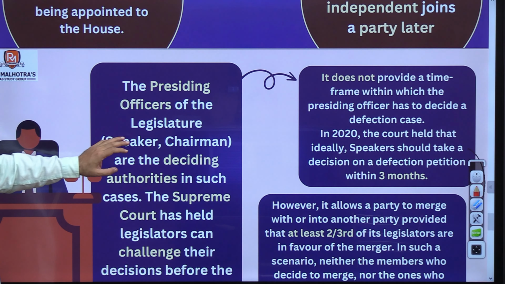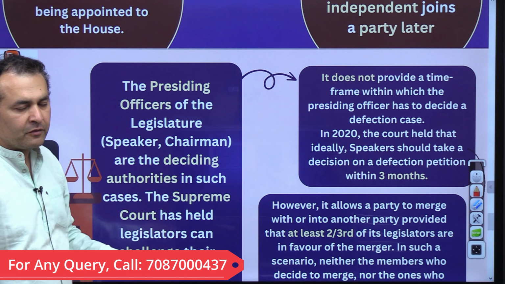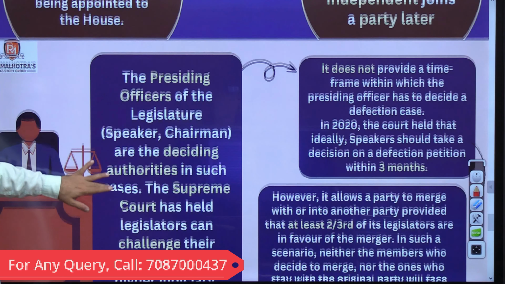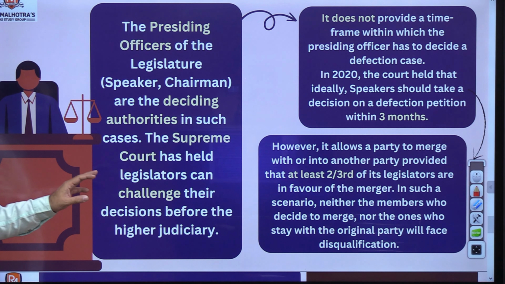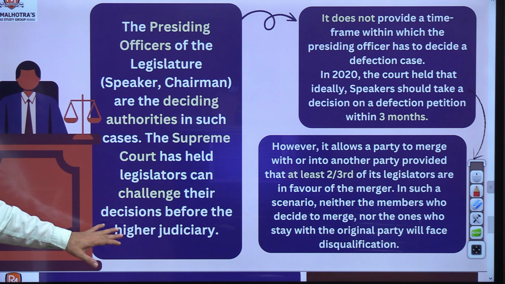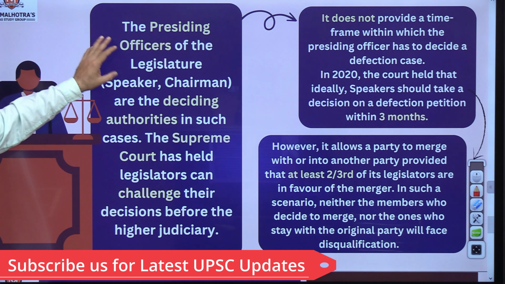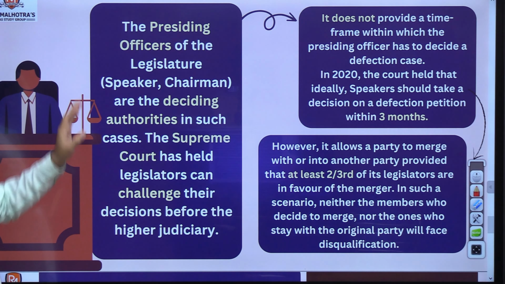The presiding officer of the legislature, speaker, chairman, or whosoever it is in the case of Rajya Sabha, Lok Sabha, Vidhan Sabha, is the deciding authority in such cases. The Supreme Court has held that legislators can challenge their decisions before the higher judiciary.